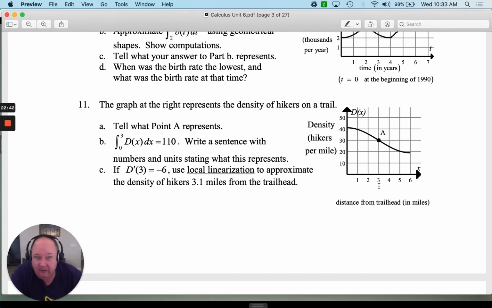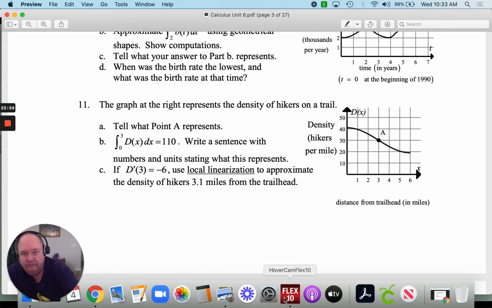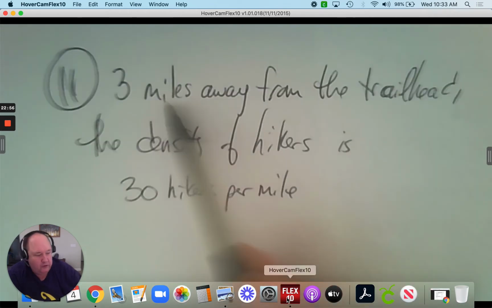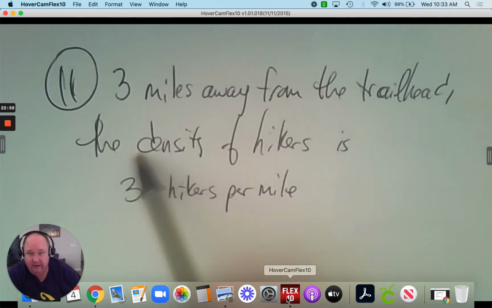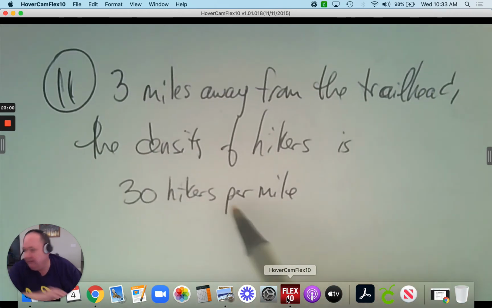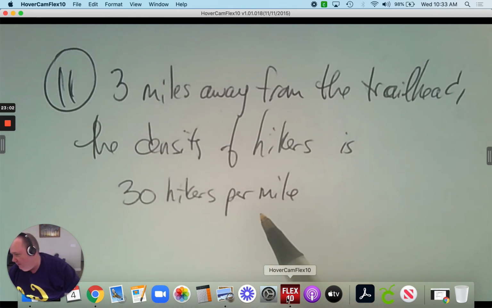And it's not, that's the number, 30. And it's 30 hikers per mile. So 3 miles away from the trailhead, the density of hikers is 30 hikers per mile.